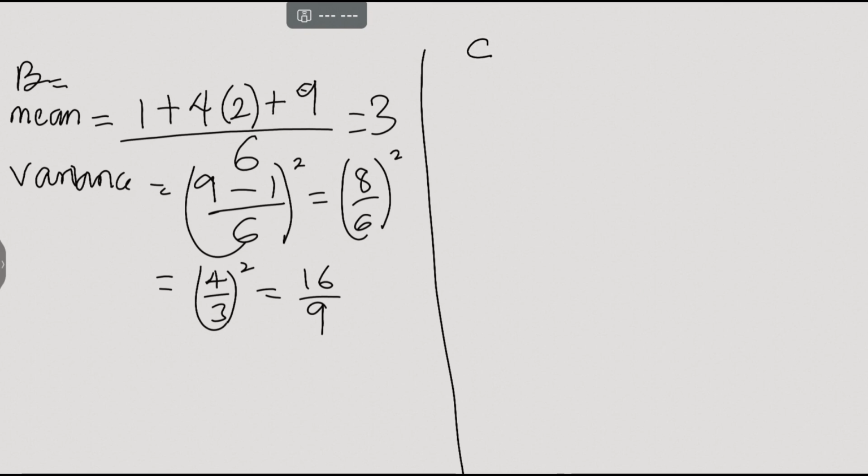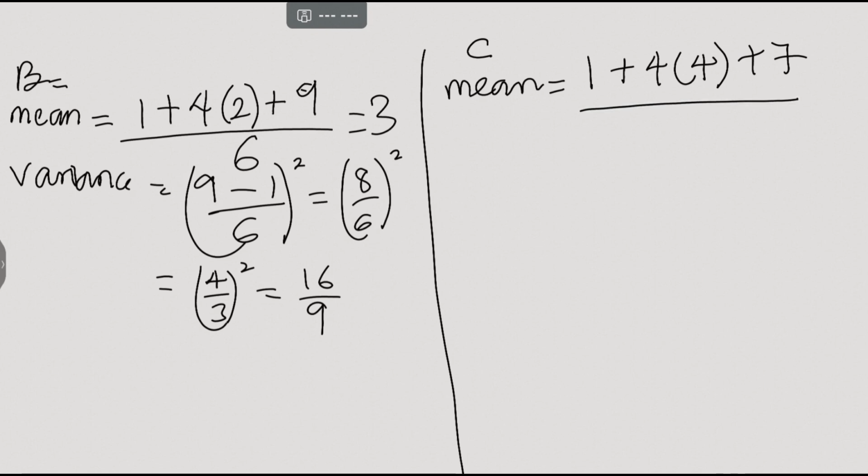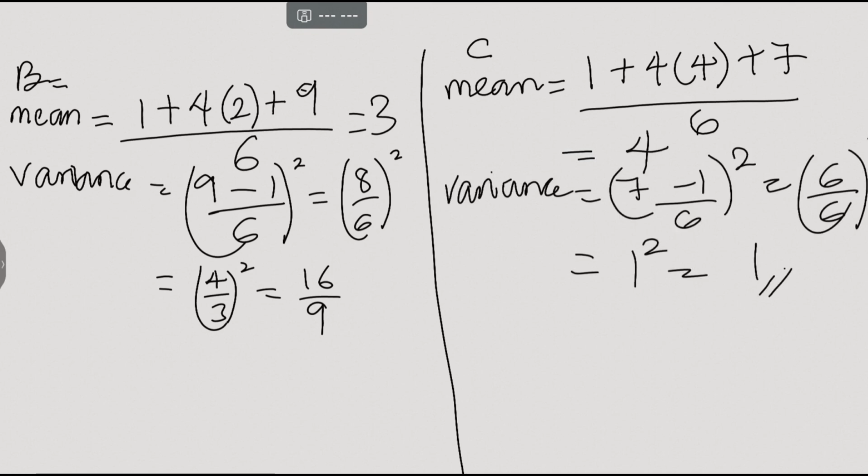And for C, we have mean, where A is 1, 4 plus 7, and your is 6. So the other values will be given in an image.